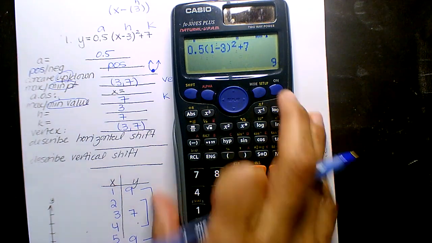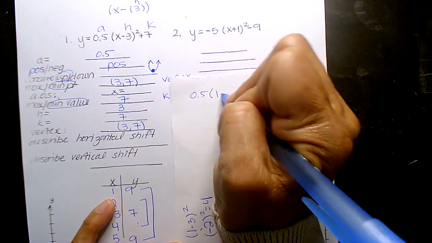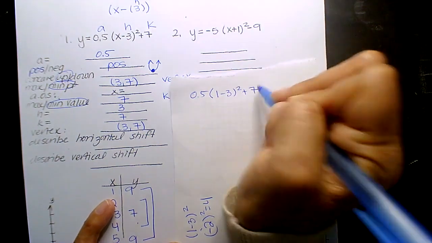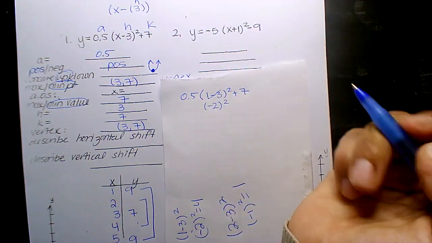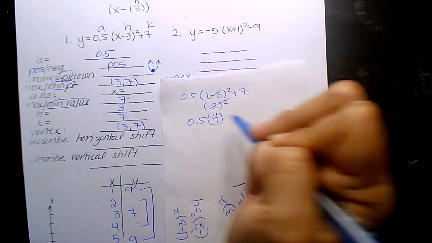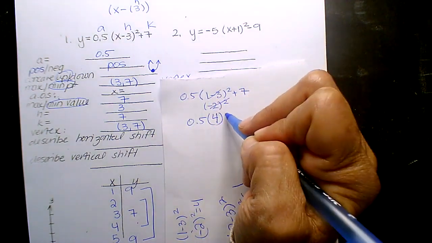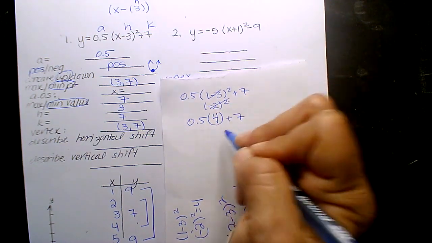Right? And if I solve it by hand, right, 0.5, 1 minus 3 squared plus 7. If you know order of operations, this is -2. -2 squared is 4. Don't you dare multiply the 0.5 into any of these until you square. Okay? Plus 7.